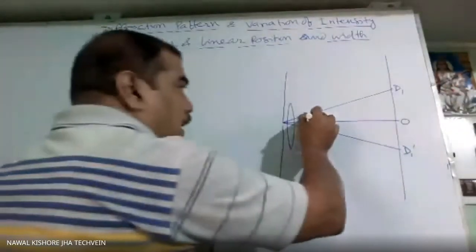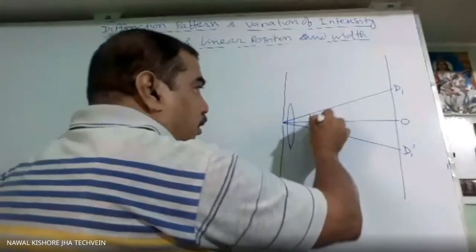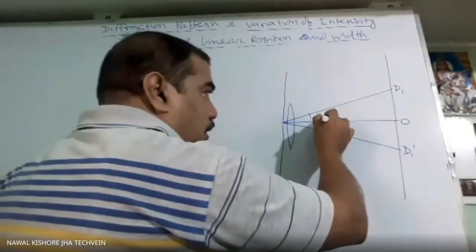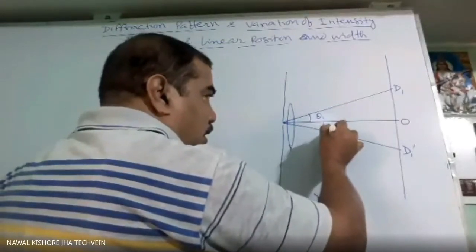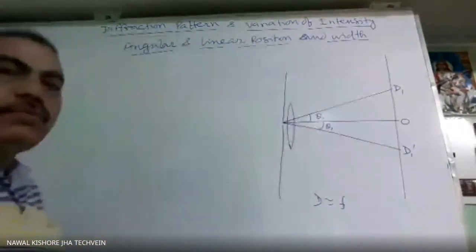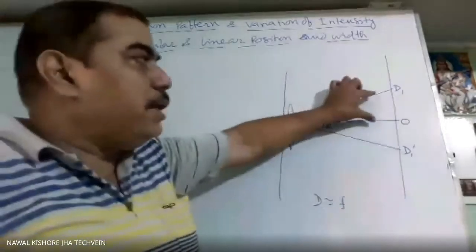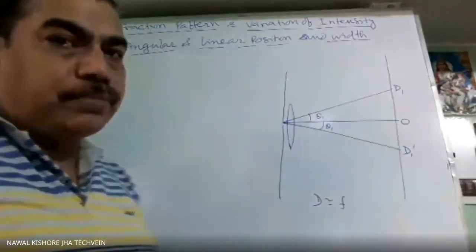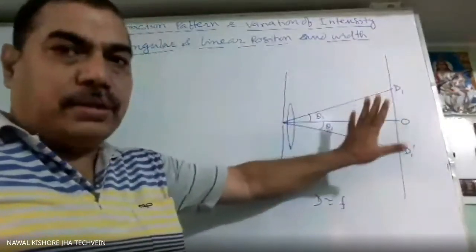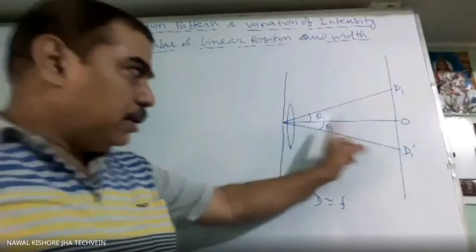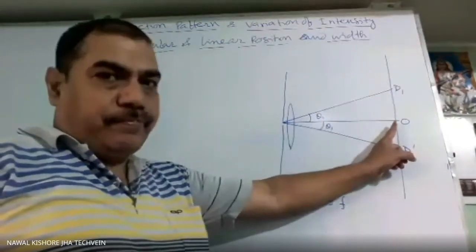So this angle will be θ1. We call this the semi-angular width of central maximum, because from here to here we are getting light, but intensity is maximum here.